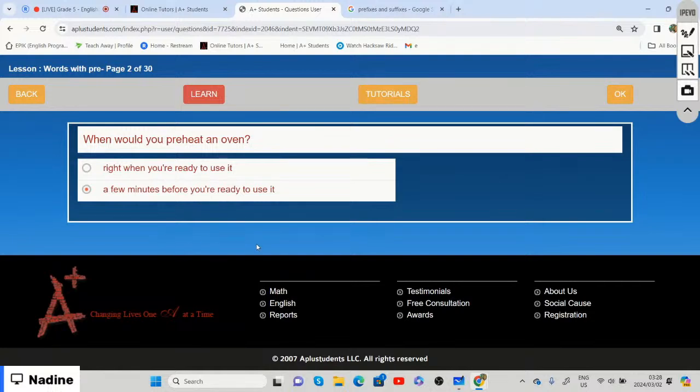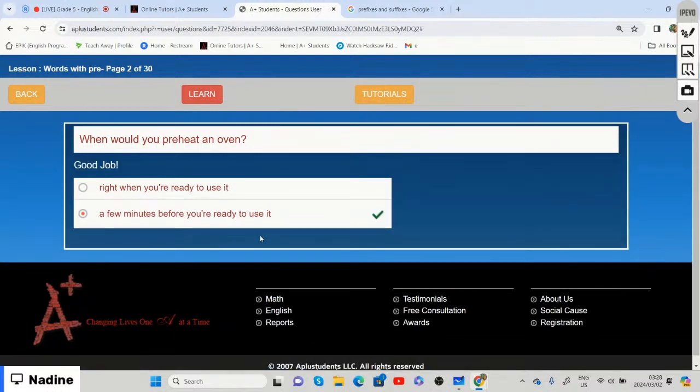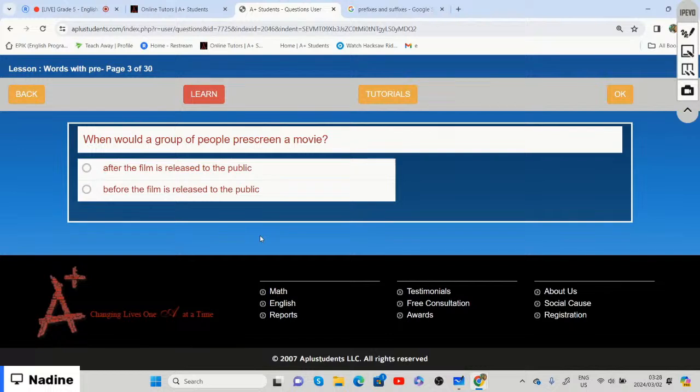All right. So we will preheat an oven a few minutes before you're ready to use it, because by the time you use the oven, then it's already heated up. That is why we preheat an oven. And if you don't do that, especially if they say you need to preheat before you bake, your cake is going to flop.